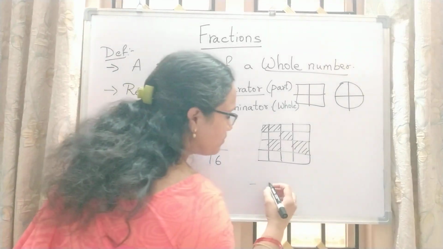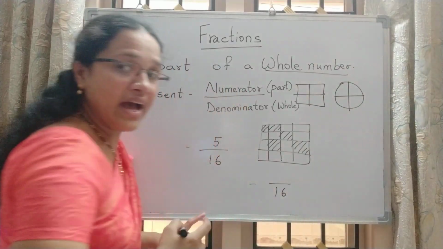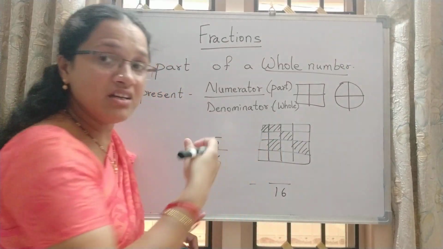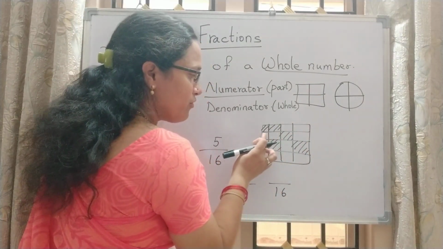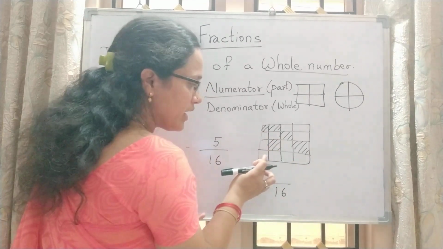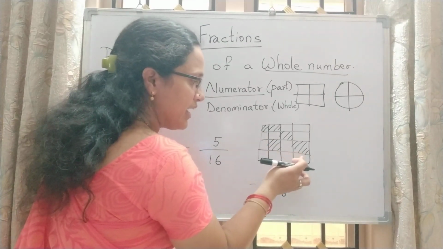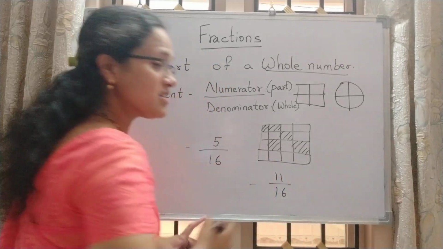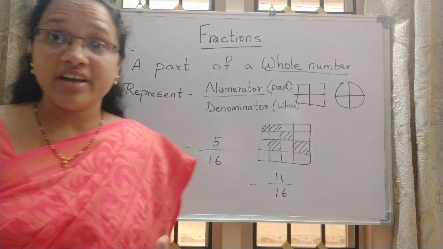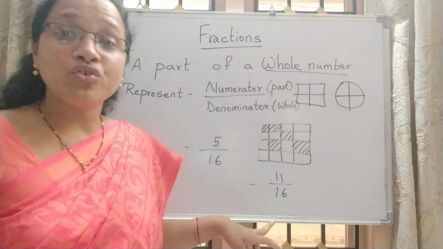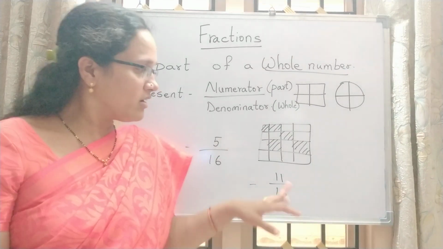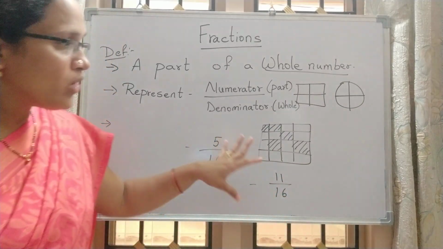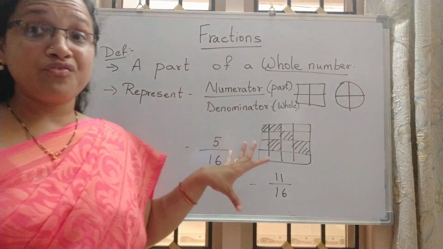So 16 in the denominator, and the unshaded parts are 1, 2, 3, up to 11. So 11 parts are not shaded, and this is how you represent the fraction for the unshaded part. So you understand how to represent a fraction first.